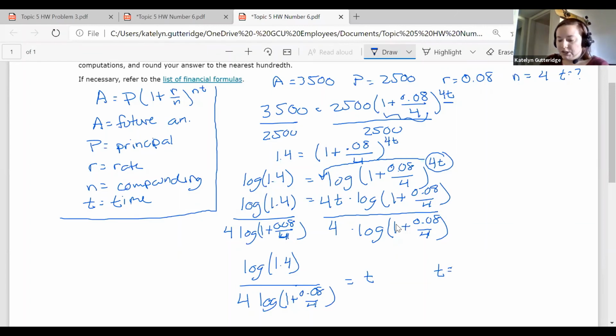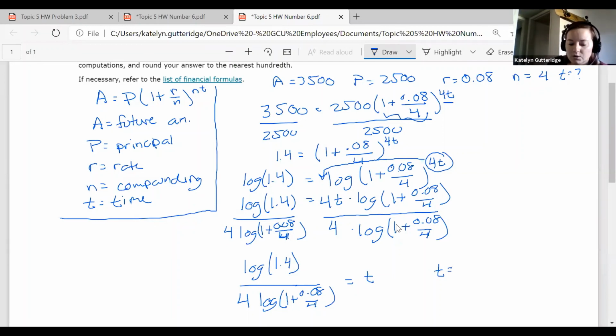And then I'll do the division, open the parentheses again, 4 times log of 1 plus. I open parentheses again for the fraction. I always put my fractions in parentheses. 0.08 divided by 4. Close the parenthesis for the fraction. Close the parenthesis for the log. And then close the parenthesis for the denominator. And then this will give us our final answer.